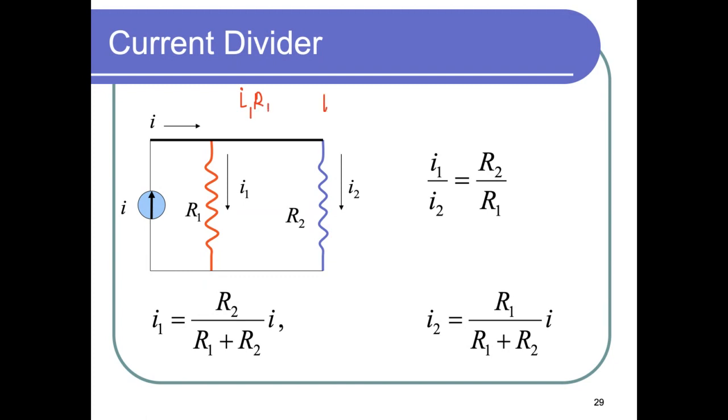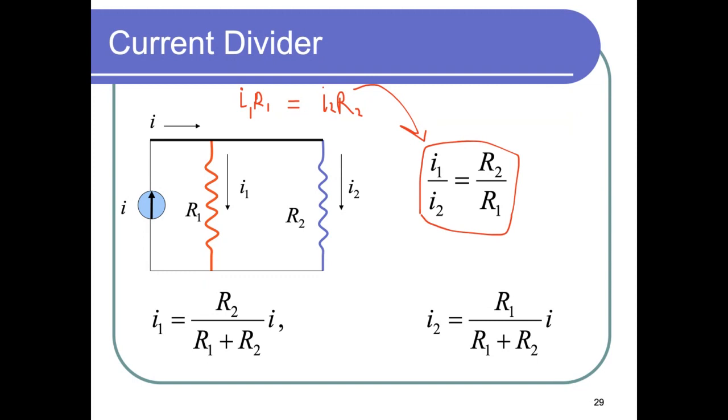Similarly, it's equal to I2 multiplied by R2, right? These two are the same. Now, if I play with these numbers a little bit, divide by I2 and then divide by R1, we have the ratio of the currents is equal to the inverse ratio of the resistances.